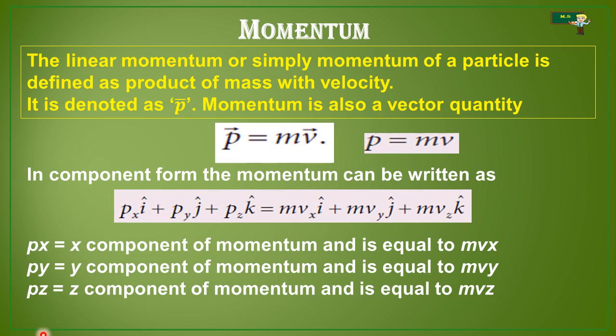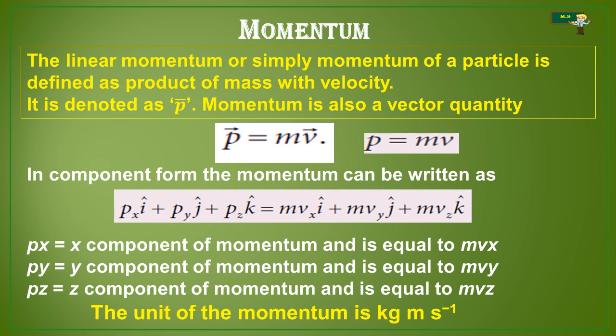Here px is the x component of momentum and is equal to m vx. py is the y component of momentum and is equal to m vy. pz is the z component of momentum and is equal to m vz. The unit of momentum is kg m s^-1.